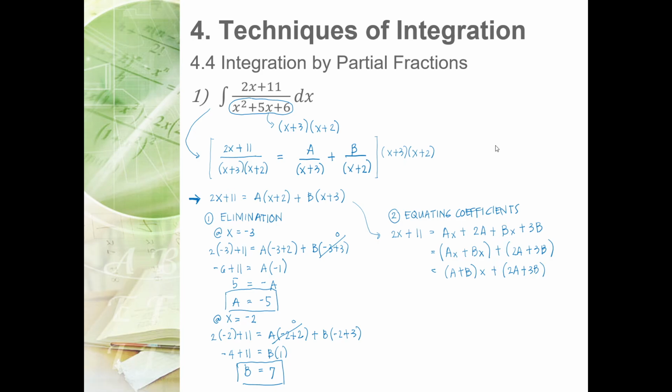So next key thing here is, since again equating coefficients, we need to look out for the coefficients in your equation. The coefficient of x is 2. Then we have a constant of 11. So on the right side, the coefficient of x is a plus b. Then the constant is 2a plus 3b.